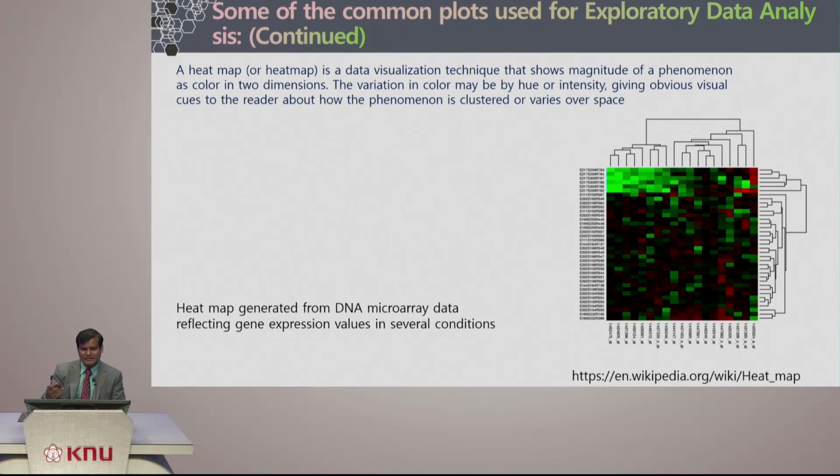So the intensity of the data is represented by dark and light colors. This example of DNA microarray data reflects the gene expression values in several conditions.